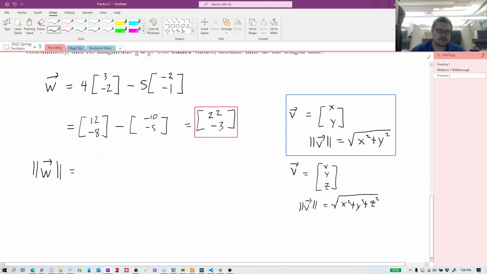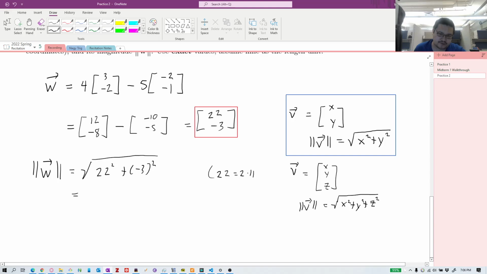This calculation might be a little bit bothersome to do by hand. I'll try to do it. So, square root of 22 squared plus -3 squared. I'll tell you what I'm doing. 22 I know is 2 times 11.